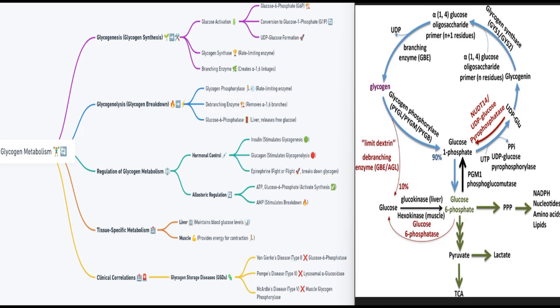Glucagon is released from the pancreas in response to low blood glucose, and epinephrine is released from the adrenal glands in response to a threat or stress. That's like the sympathetic fight or flight. So both situations require increasing blood glucose, and both hormones function by altering the activity of the two enzymes, glycogen phosphorylase and glycogen synthase.